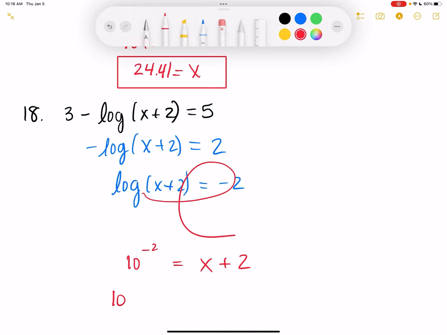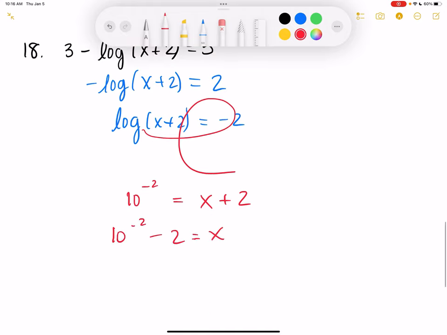So 10 to the negative 2 minus 2 equals x. And you can just let your calculator do that for you. Negative 1.9. Beautiful.